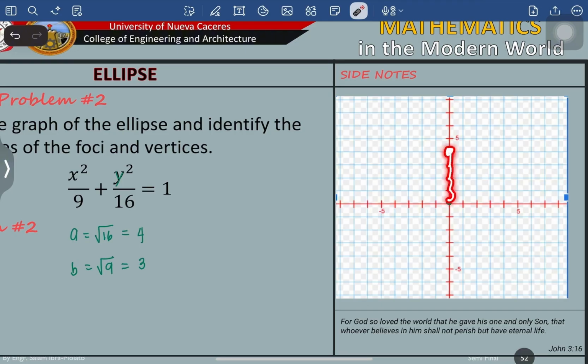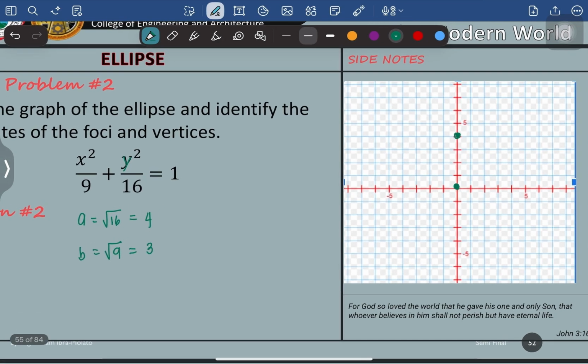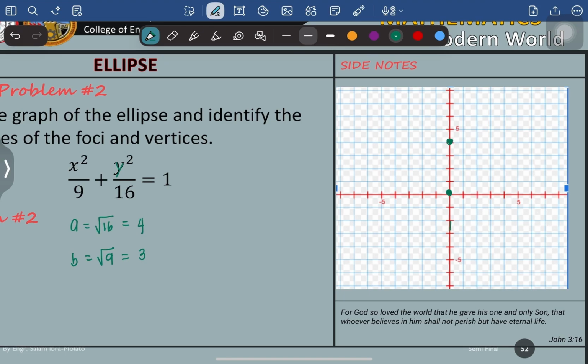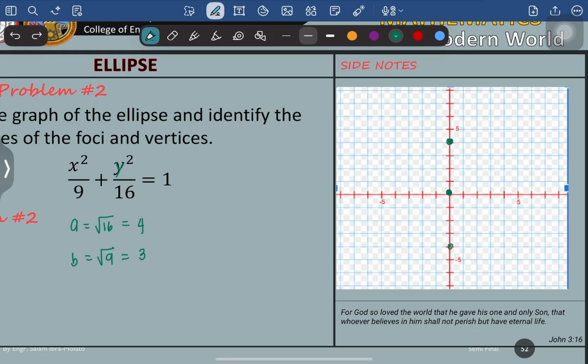So here are the coordinates of the major axis. Then the other coordinates of the major axis, 1, 2, 3, 4, are here. Then for the minor axis, it is along the x-axis, 3 units away from the center.